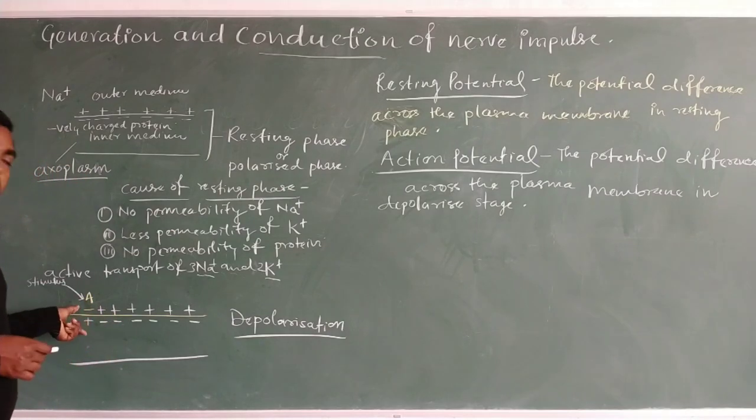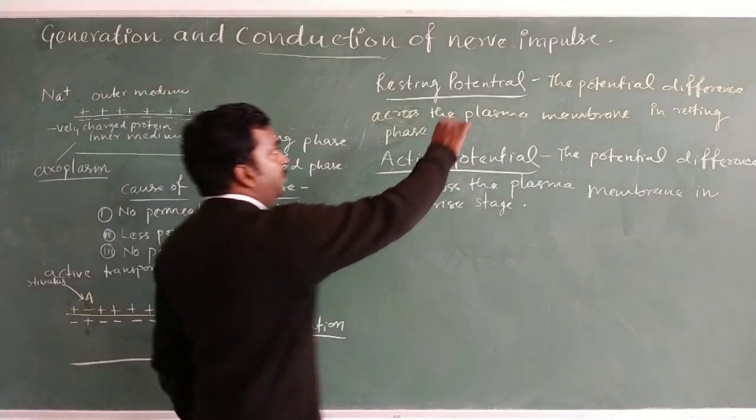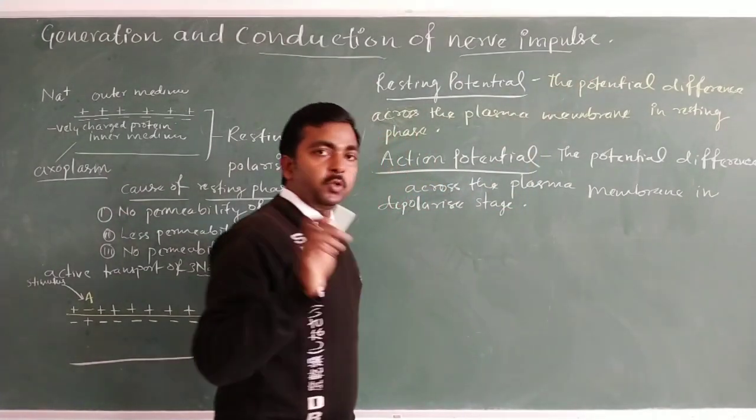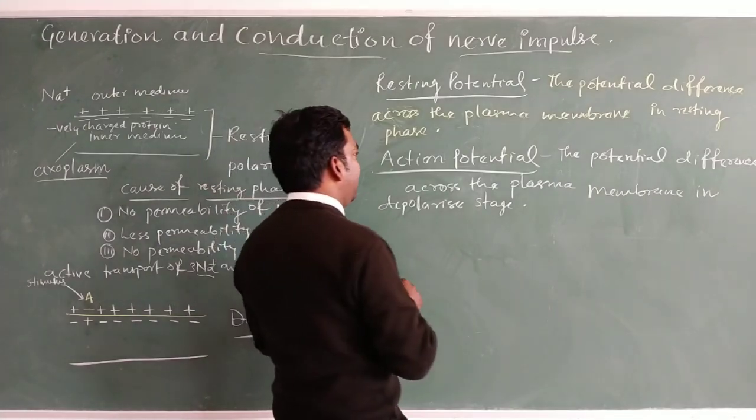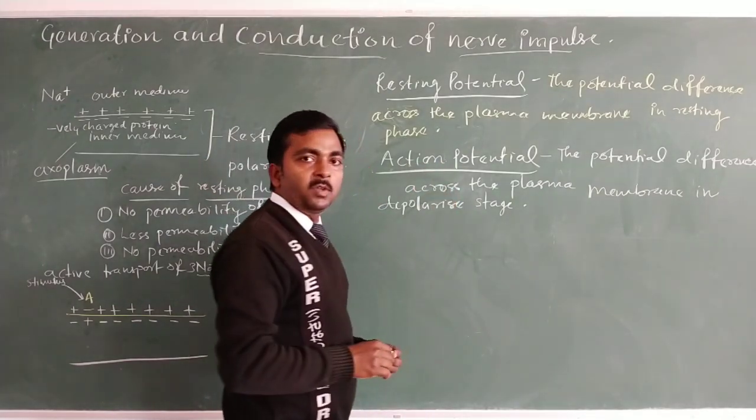So here the action potential is generated, and this action potential is the form of nerve impulse. So the nerve impulse is the form of action potential.